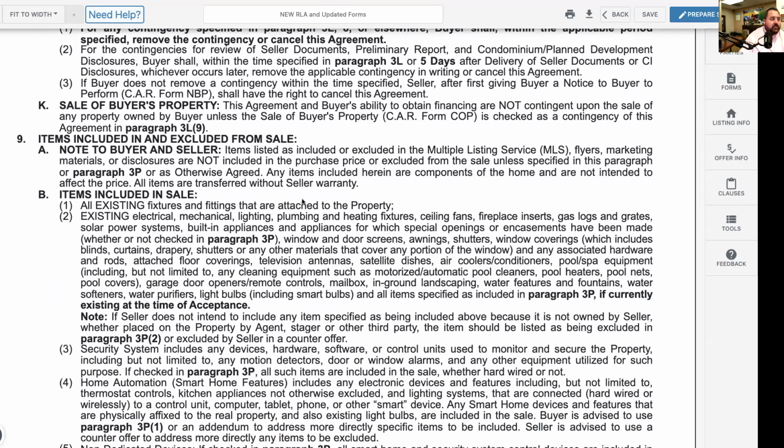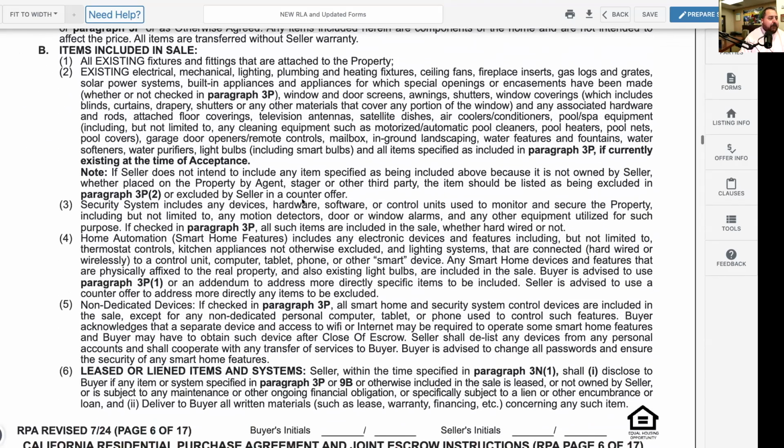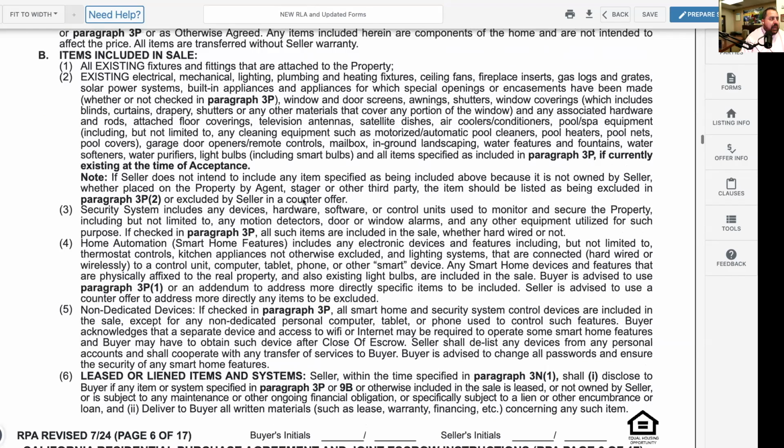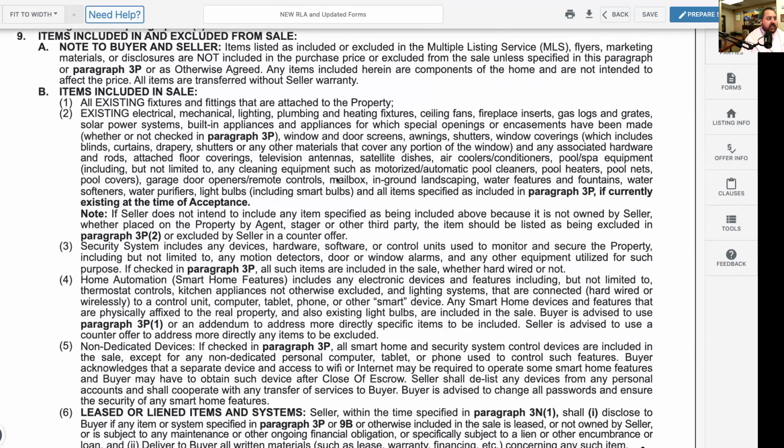Items included, excluded. Here's a little bit more definition about those items included, excluded. It's going to say here all these are the included. All existing fixtures and fittings that are attached to the property. Again, this is a conversation with a listing agent to a seller, and for a buyer's agent to make their buyer understand how these things work, what should by default come with the property and what should be excluded.